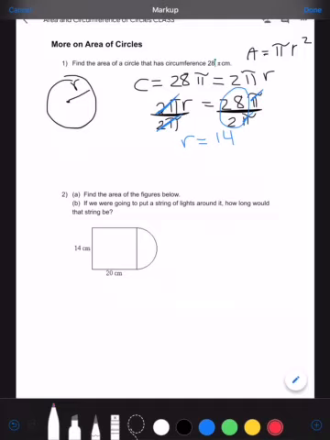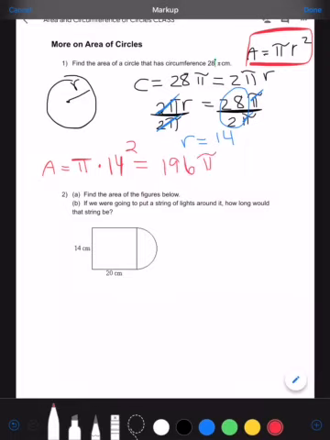Now, I am going to find the area. I found the radius, so now I find the area, which, we know, is pi times r squared. I wrote it up here. The radius is 14, and then I square this. You can use your calculators to find this, but this is 196 pi.